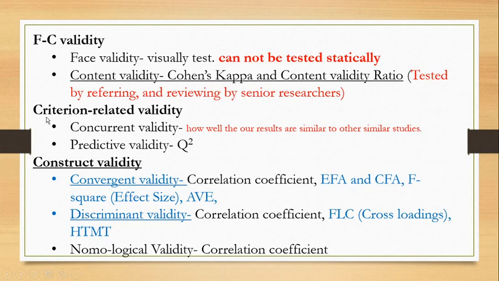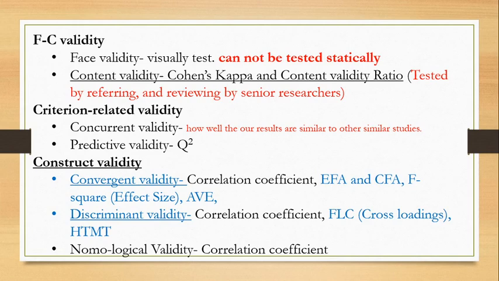When we talk about the criterion related validity, it can be concurrent validity and the predictive validity. Now this concurrent validity, again you can say it is partly a theoretical concept and partly a statistical technique. In this concurrent validity, the researchers try to test how well the results are similar to the similar kind of studies.